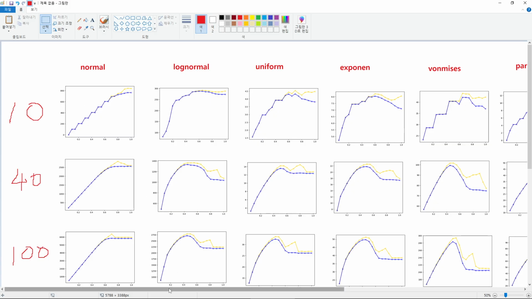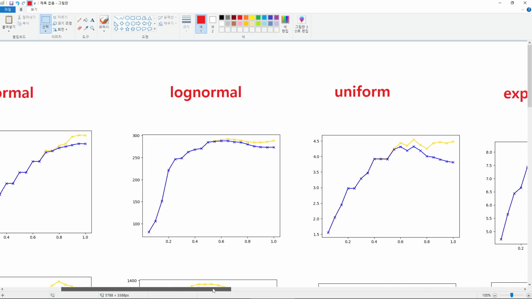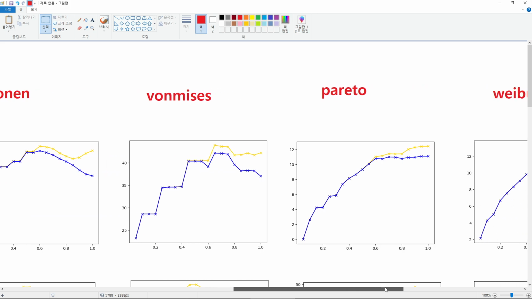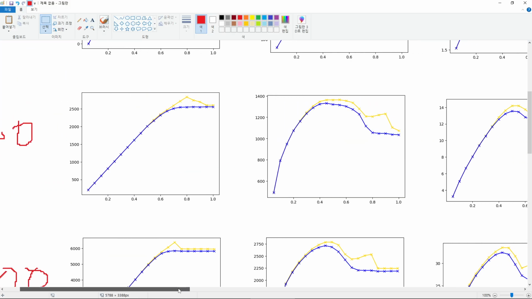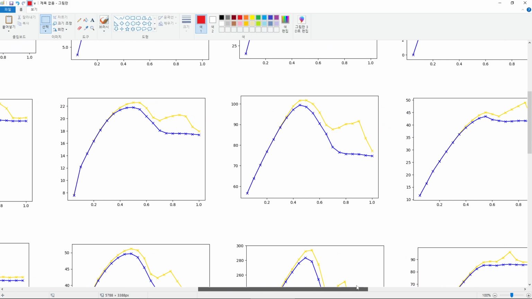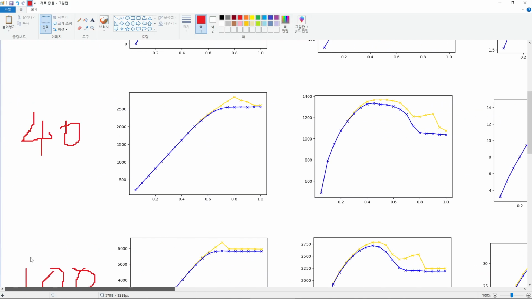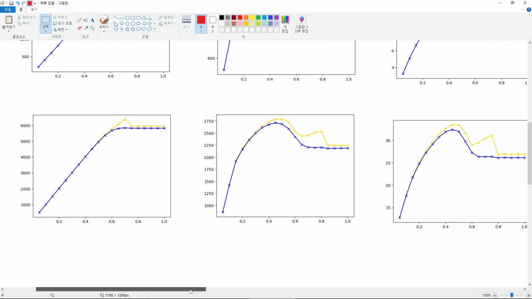Oh no, 10 items. This is what happens. At 40 items, this is what happens. So this bit is unusual. Well, this bit is quite unusual. And also this. And at 100 items, this is what happens.